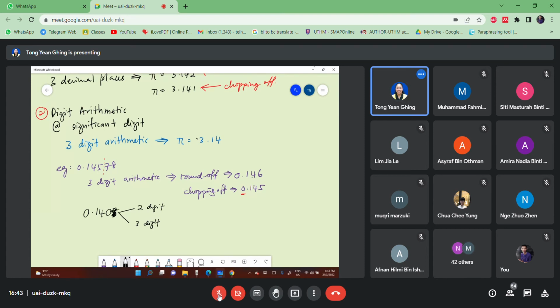How about this one, 0.000143? How many digits? 6 digit. Maybe 6 digit.